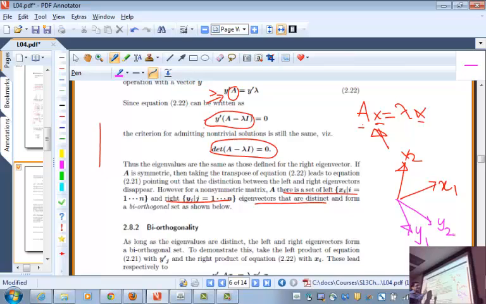What this bi-orthogonality says is that x1 is perpendicular to y2. Sorry, I messed it up there. Let me do it again. x1 is perpendicular to y2, and x2 is perpendicular to y1.